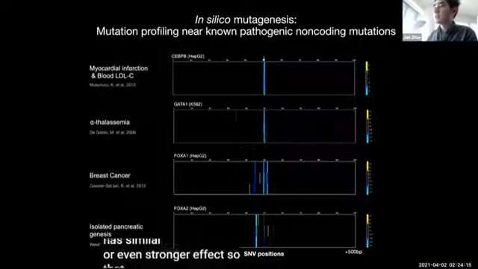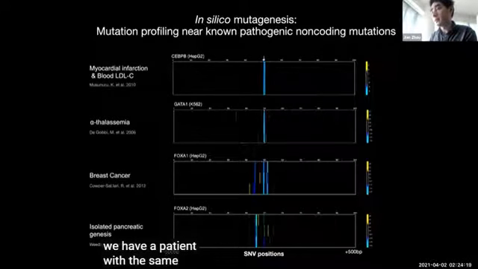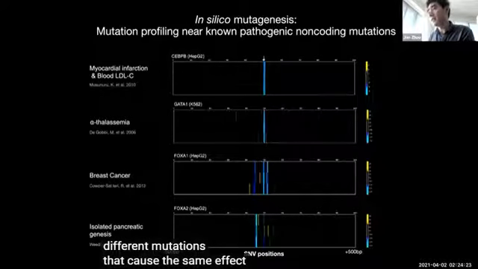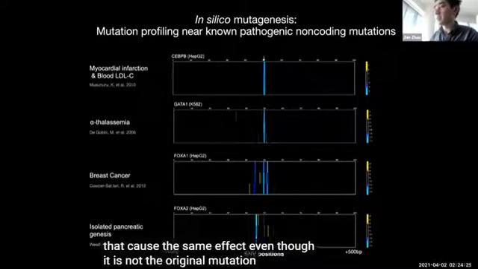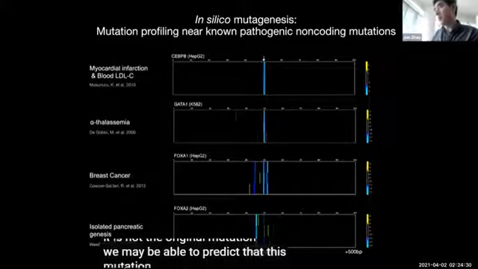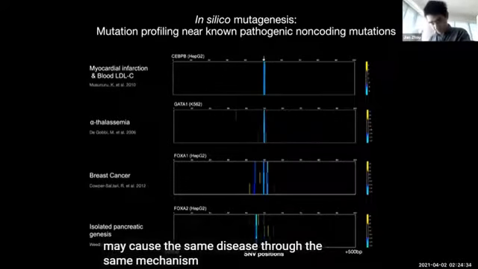So that means that maybe in the future, if we have a patient with the same disease but a different mutation that causes the same effect, even though it is not the original mutation, we may be able to predict that this mutation may cause the same disease through the same mechanism, right?